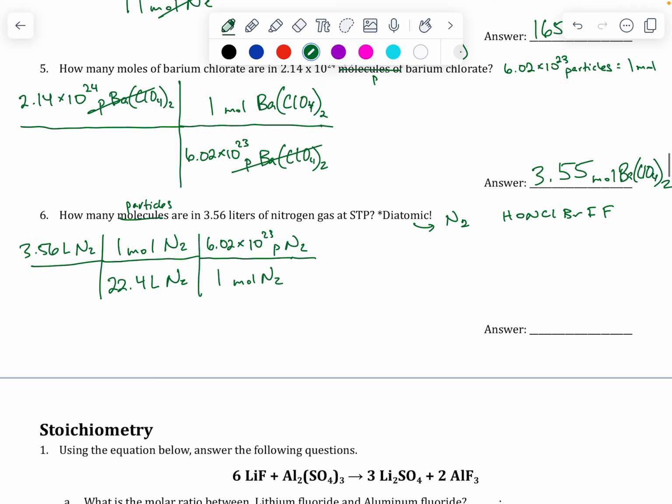So moles go away. As you can see, anything that's diagonal is going to cancel out. I'm left with what I want in the end. Up there at the top, particles of N2 is my unit, and I have 9.85 times 10 to the 22nd particles of nitrogen gas, or molecules, because it's a group.